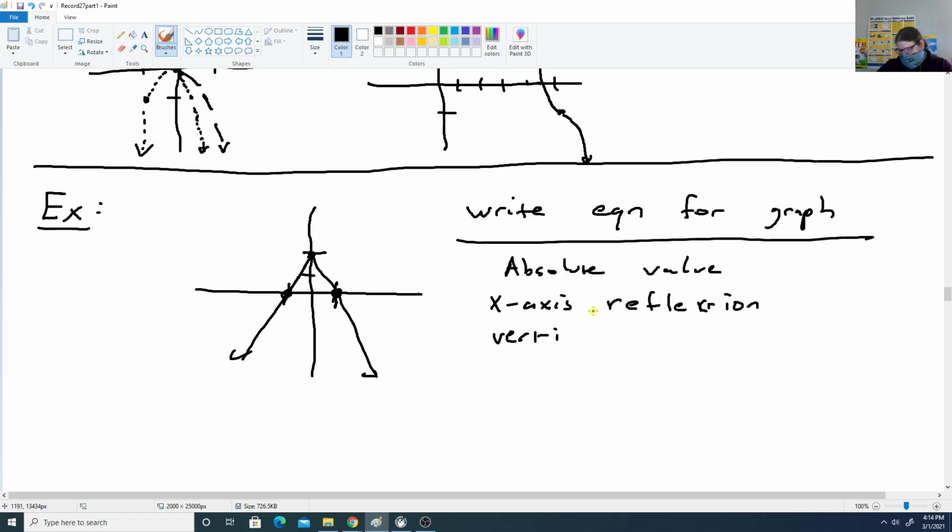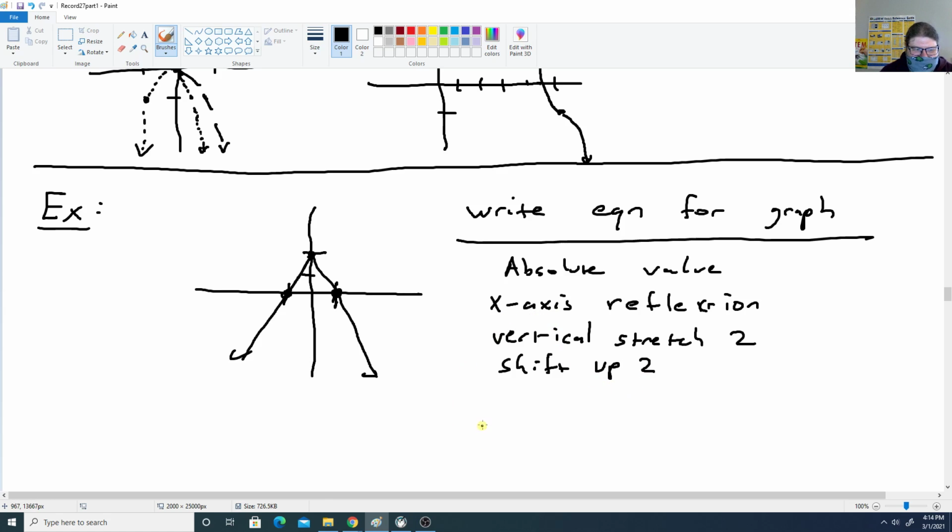It says a vertical stretch by 2 has happened. And then it's moved up 2 units, so that means there's a shift up 2.